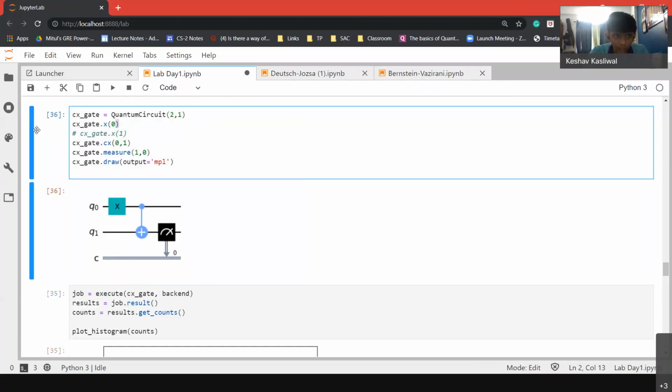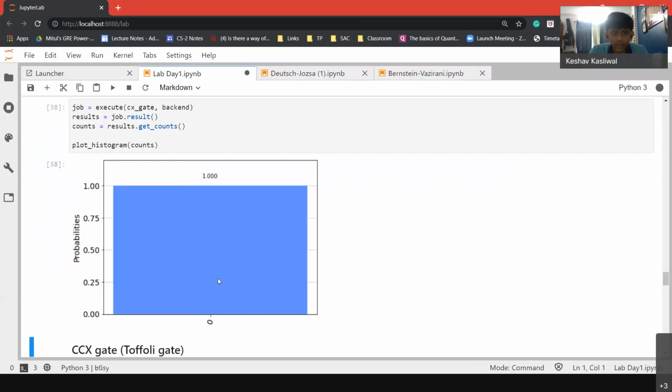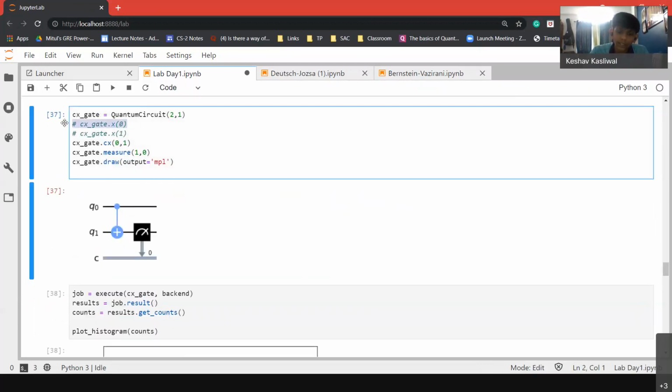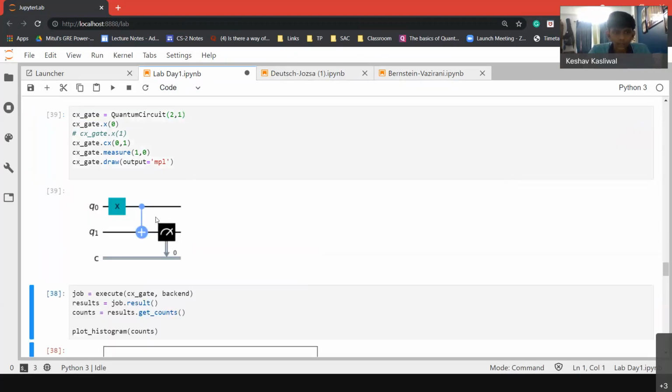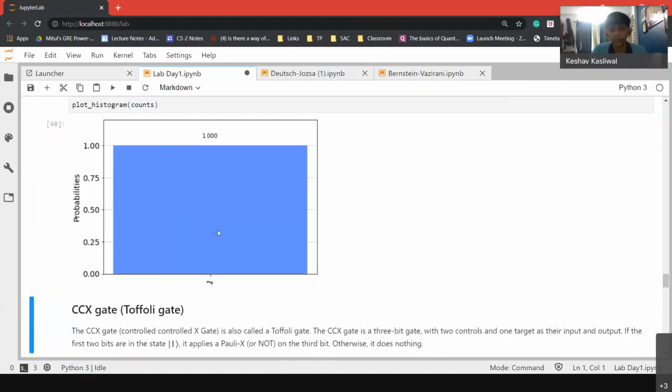Before that, as you can see over here, the state is 0. Keep that in mind. Now we initialize the state Q0. I just reversed it to 1. So Q0 is changed to 1. According to what I just said, Q1 should also be changed to 1, right? So this would be a perfect explanation.